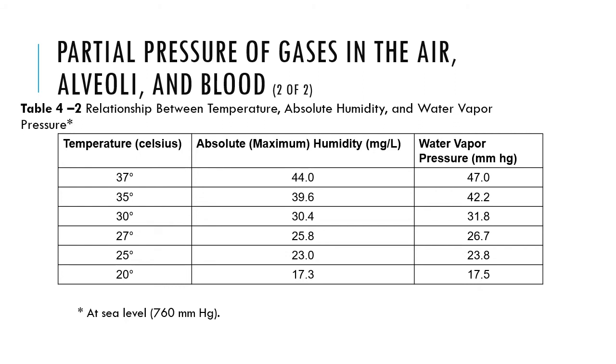Because alveolar gas is 100% humidified or saturated at body temperature, the alveolar gas is assumed to have an absolute humidity of 44 milligrams per liter of water and a water vapor pressure of 47 millimeters of mercury, regardless of the humidity outside.